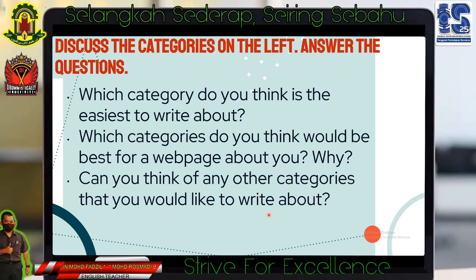Kalau Ahmad jawab kategori paling senang is my family, you all kata, aku tak suka my family, yang senang tu aku rasa is my hobby. My pet. I want to write about my pet. It's up to you. Tak ada siapa wrong or right.